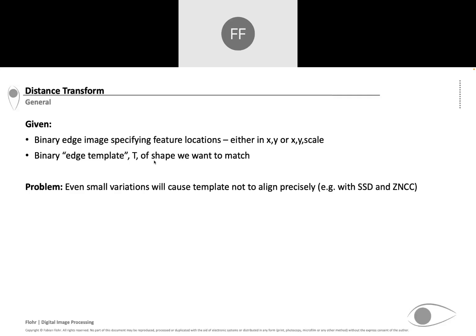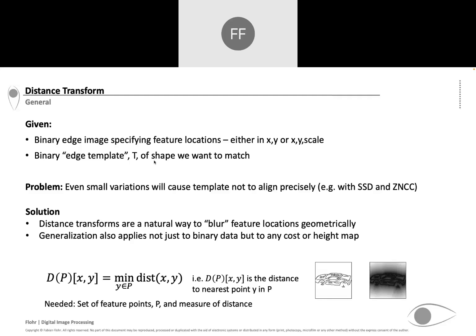The problem now, if we have that here, and if we apply SSD and zero mean normalized cross correlation, then we would still have a lot of responses based on the matching binary images. So that brings us to a relaxed definition of this one, and this is basically the distance transformation, which is a natural way to blur the feature locations of your edge detections.